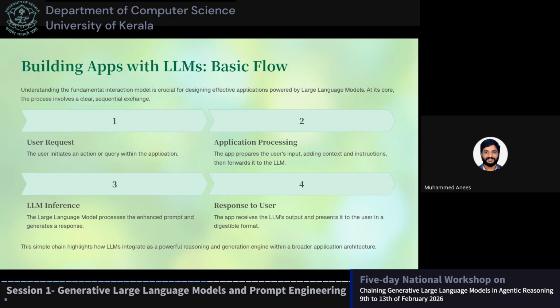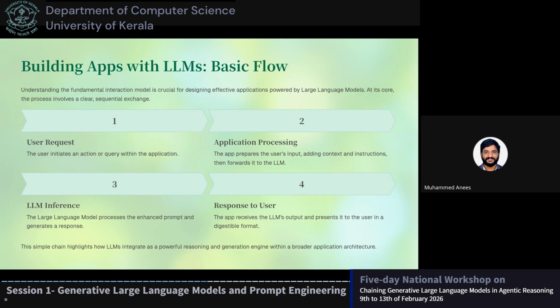And in between, the second step, the application will process. It will take the user input. There will be multiple inputs for an LLM. One is the user input, and we have already integrated many data sources.